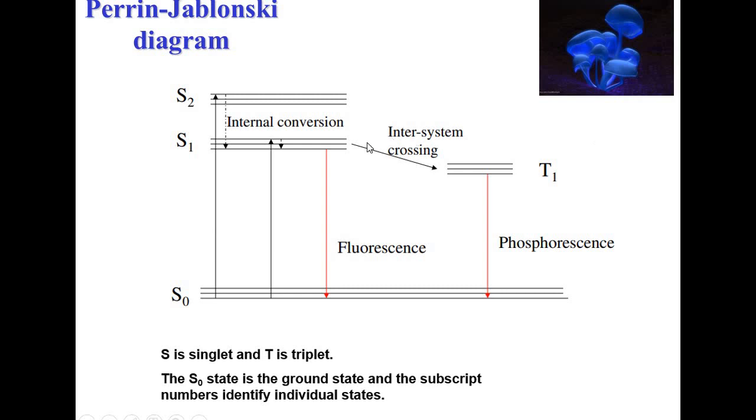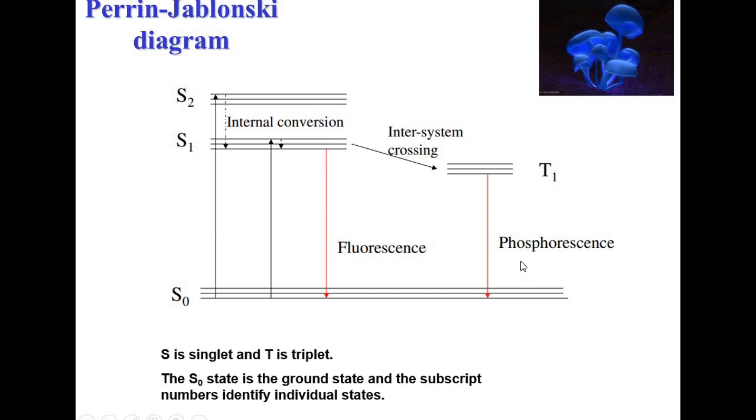The next pathway is intersystem crossing, where there is a transition between two isoenergetic vibrational levels having different spin multiplicities. There is a transition from the singlet excited state to the triplet state, and then to the singlet ground state.